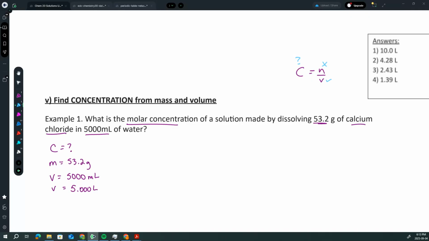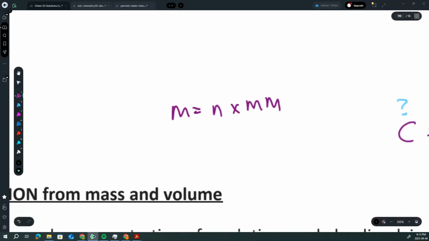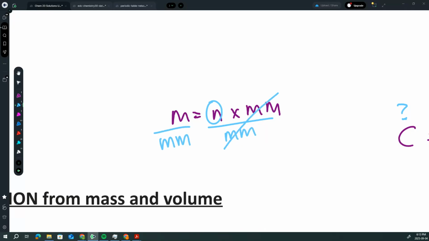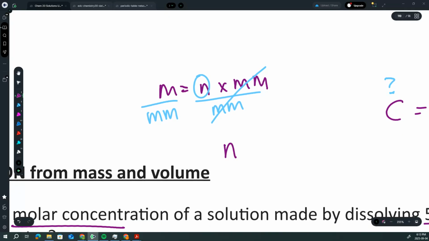So we got to use another formula to figure out moles. Okay, so that's going to be the mass is equal to moles times molar mass, but we're going to rearrange it to isolate for moles. So molar mass is multiplying moles, so I got to divide. What I do to one side, I do to the other. So moles is equal to mass divided by molar mass.